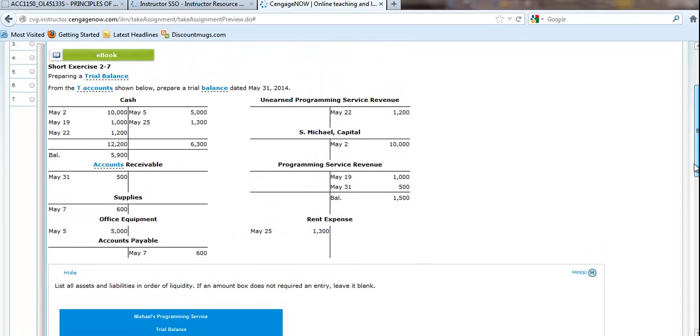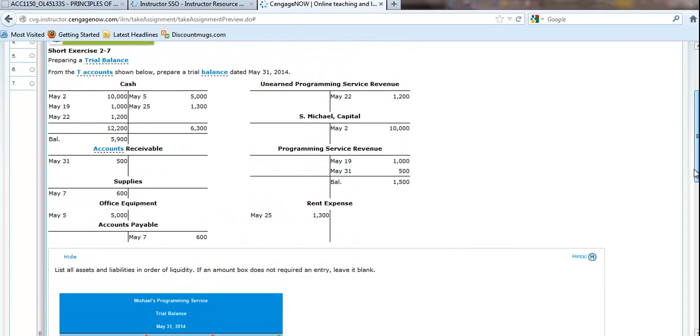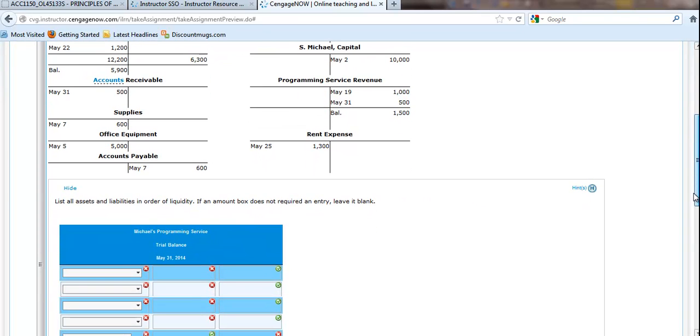The first thing we need to do is record our assets. We have cash with a $5,900 balance. I'm going to put cash as a debit because it has a normal debit balance. Then accounts receivable, which has a debit of $500. Whatever the balance is in the T account is going to be the balance in the trial balance.